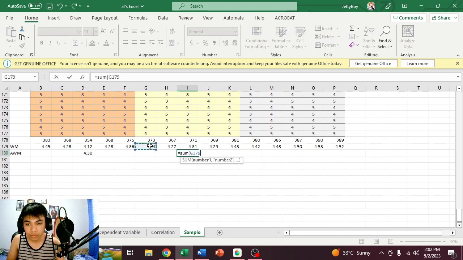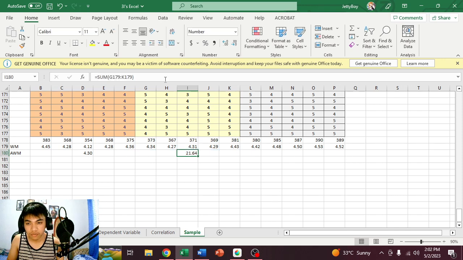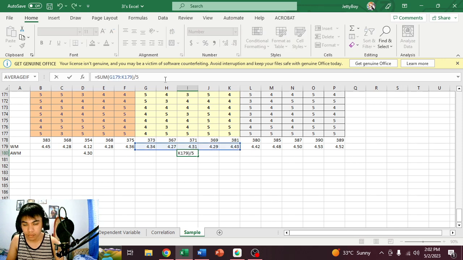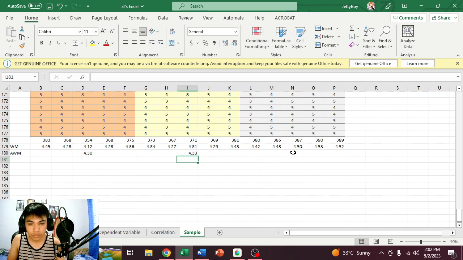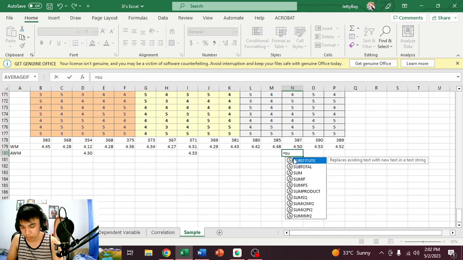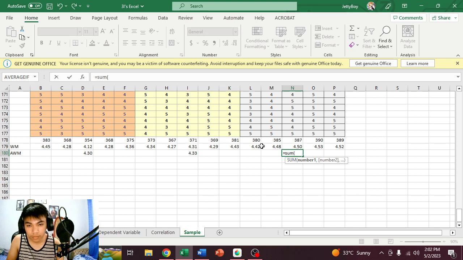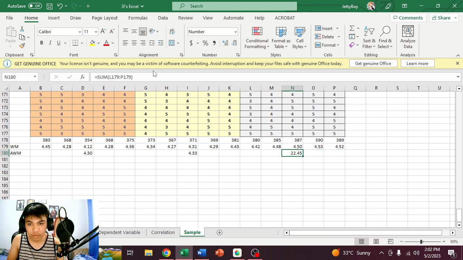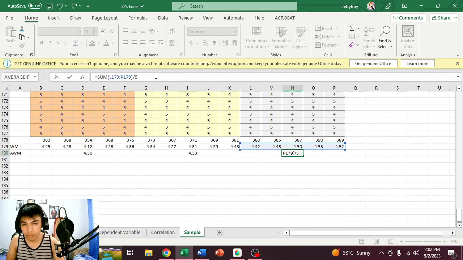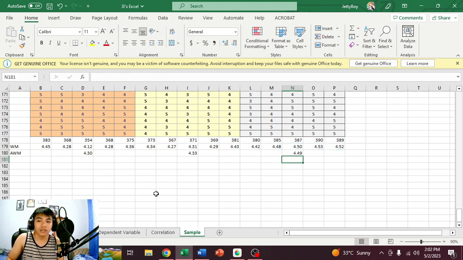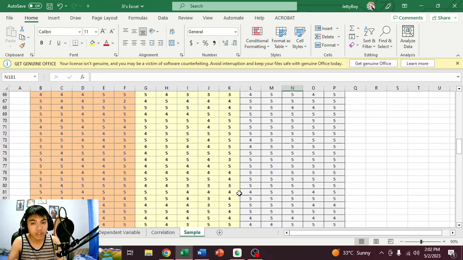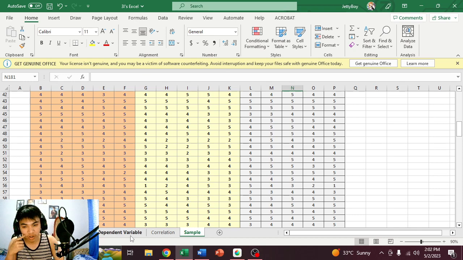The sum of this divided by 5. Divided by 5. Okay. Now we have the weighted mean and the average weighted mean of our independent variable and dependent variable.